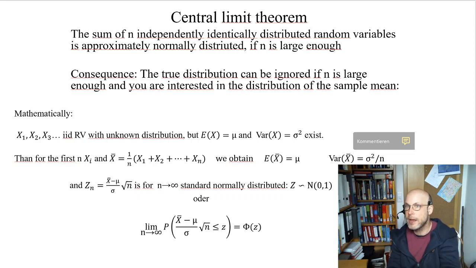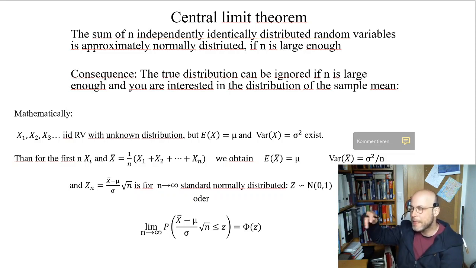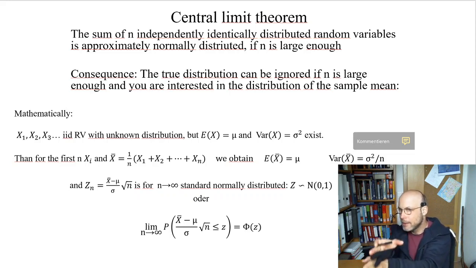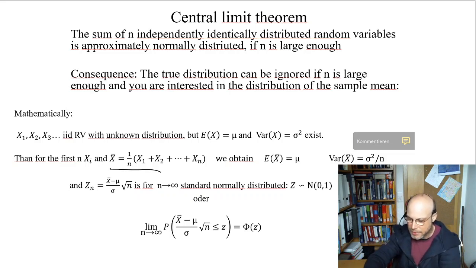And what we are doing there is we just ask around 1,000 people, what was your choice? Where did you make your cross? And this number, 1,000, is statistically quite large. And then we can say, even if we don't know the distribution behind the guys which we ask, where did you make your cross? We can say, okay, more or less the mean of the answers is normally distributed.